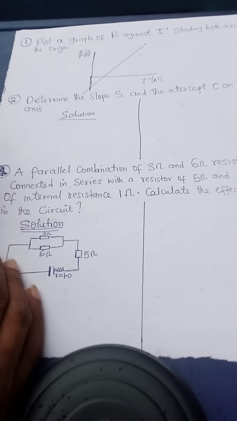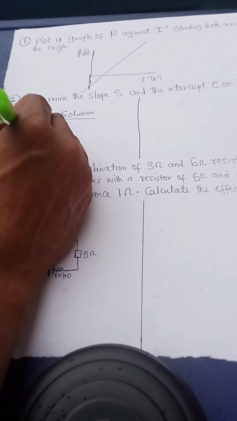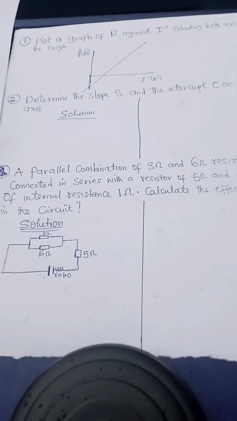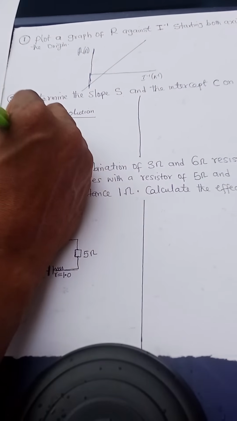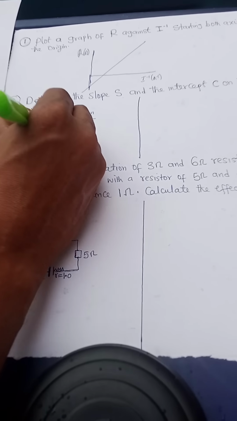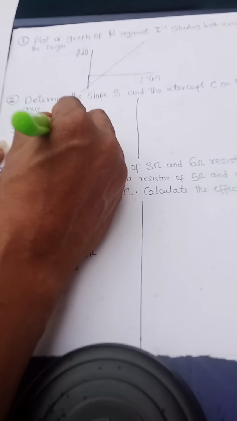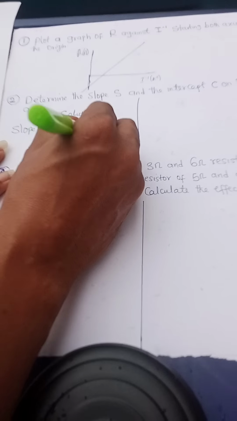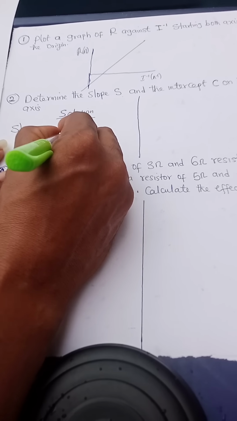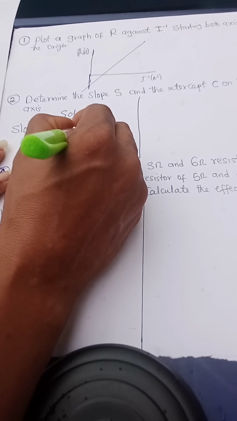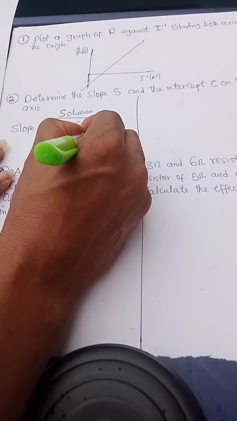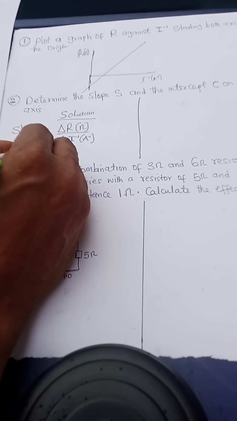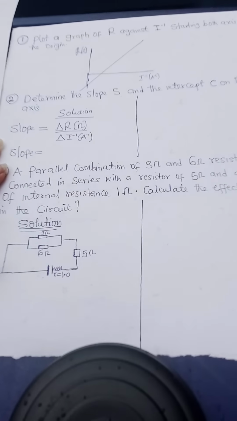The slope is equal to change in R in ohms all over change in I inverse.